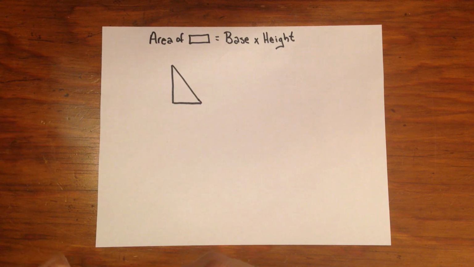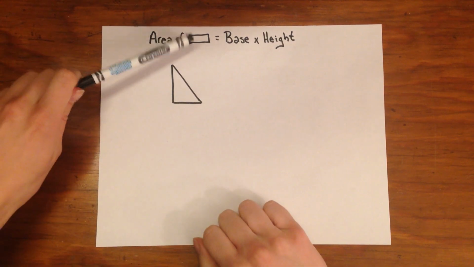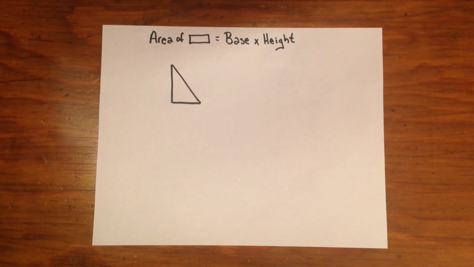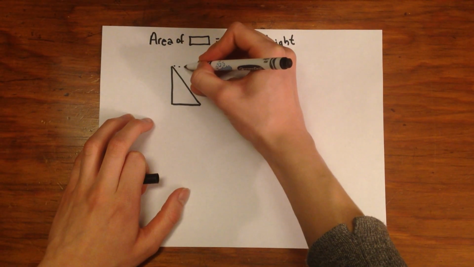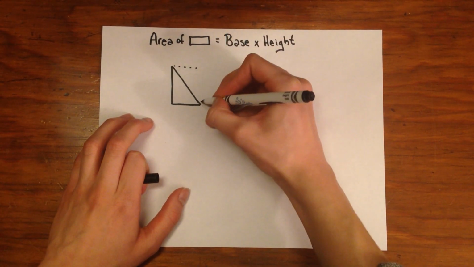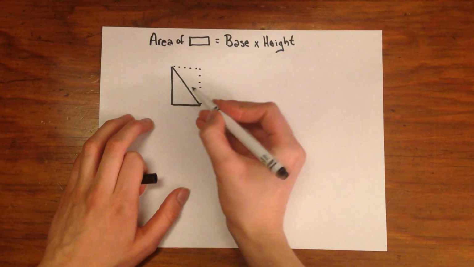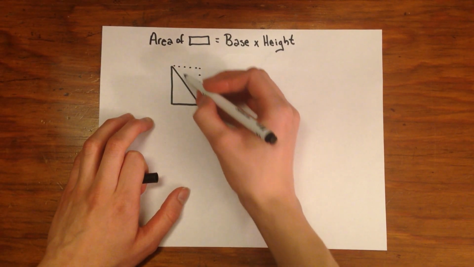So if we look at our triangle, we need to again think about how we are going to get back to our home base. And home base is always going to be that rectangle, because we know how to find a rectangle. So we're going to think, what can I do to change this triangle to make it into a rectangle? Well, if we take this triangle and make an exact copy of it, and then flip that copy around, we could make another half up here of a rectangle.